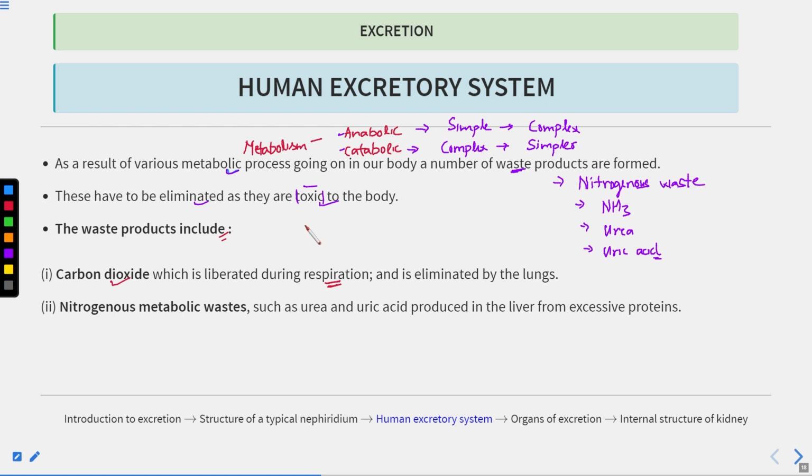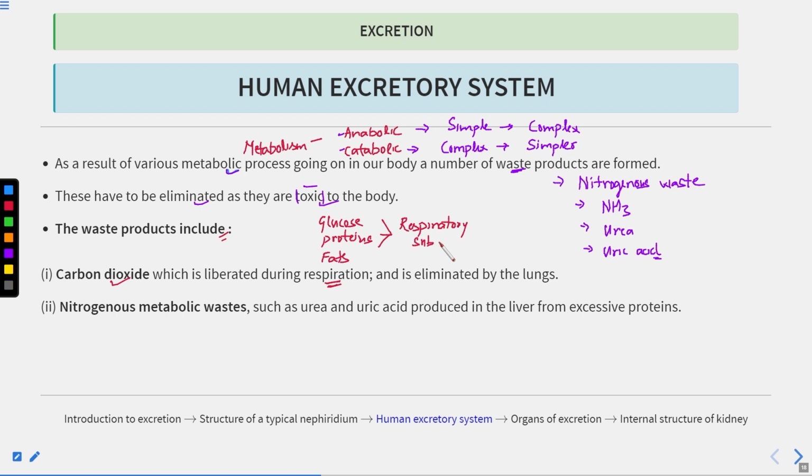Generally glucose is used as the respiratory substrate because it is very easily and readily available. If glucose is not available, proteins can be used, and then fats can also be used. So these three are the respiratory substrates.